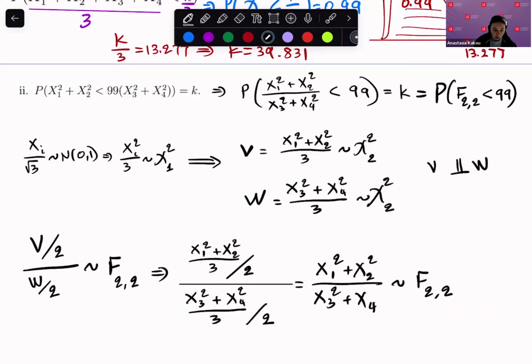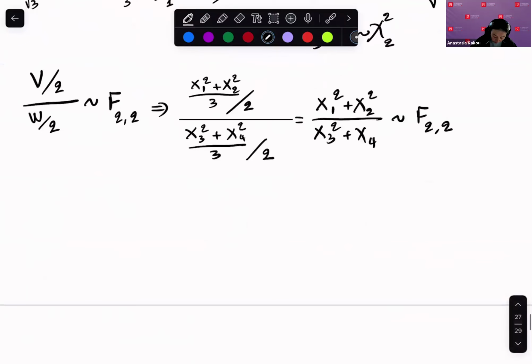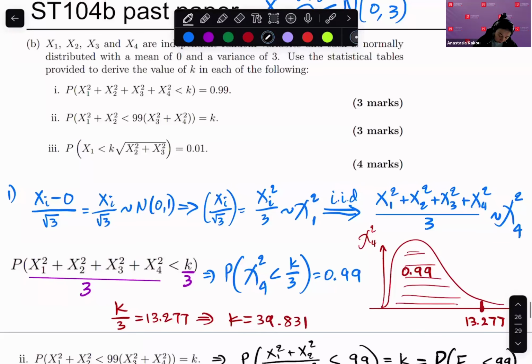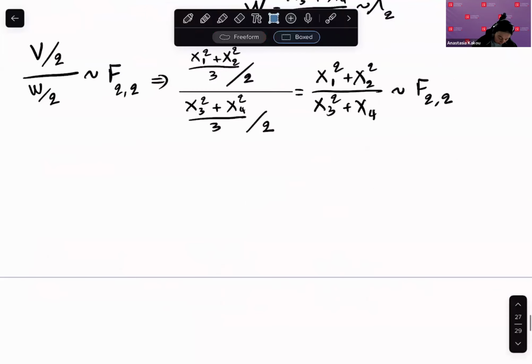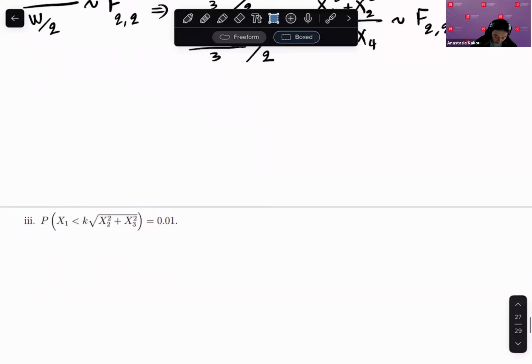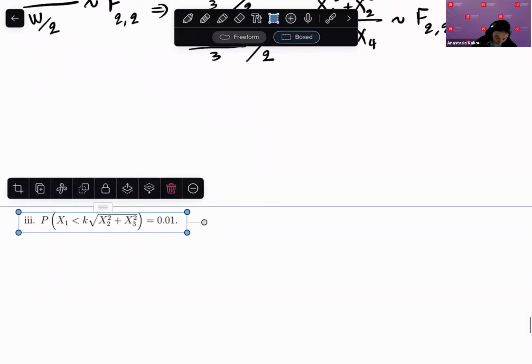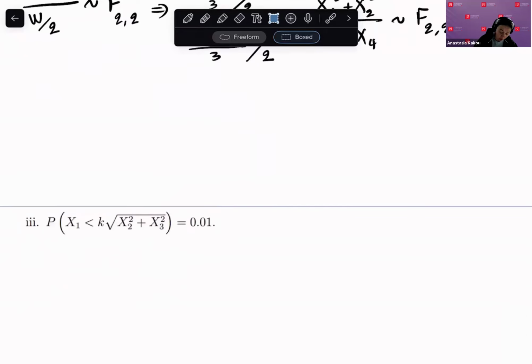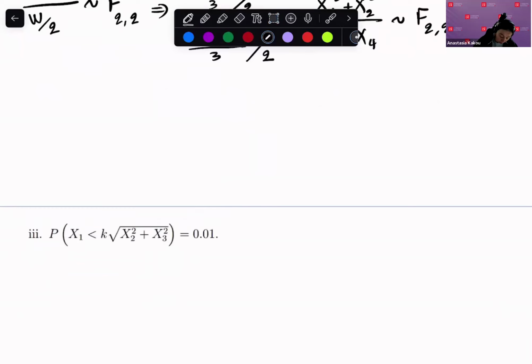And now finally, let's move to the last part, which is that third question. Copy, and let's put it here. So in this last exercise, you need to again first rearrange the terms so that all the x's are on the same side.